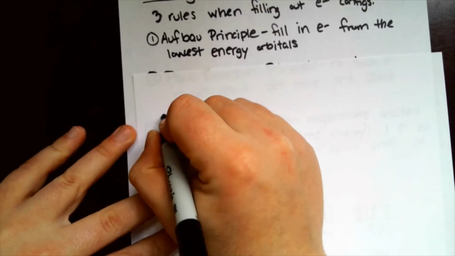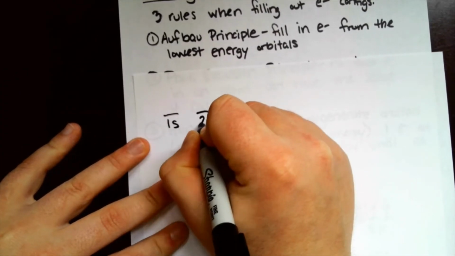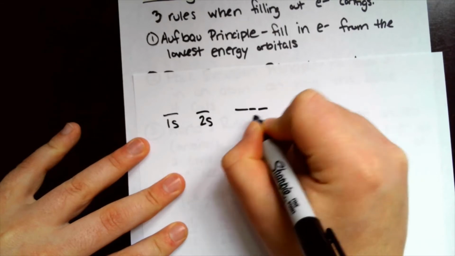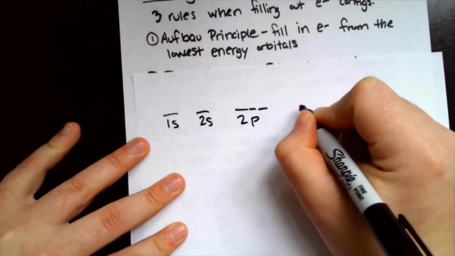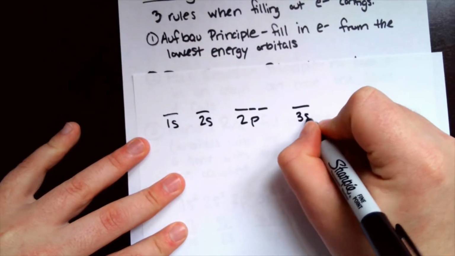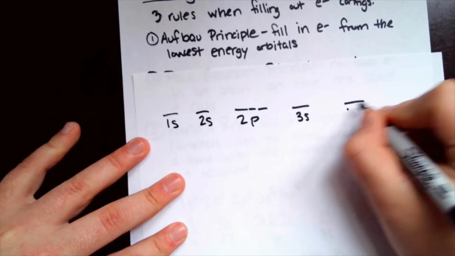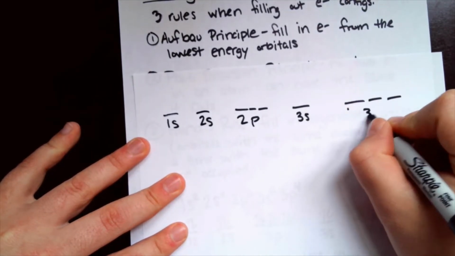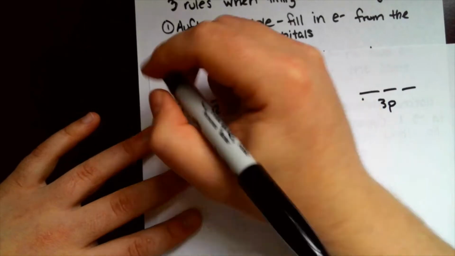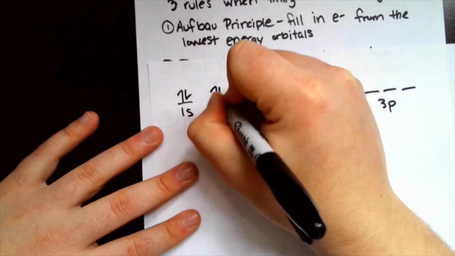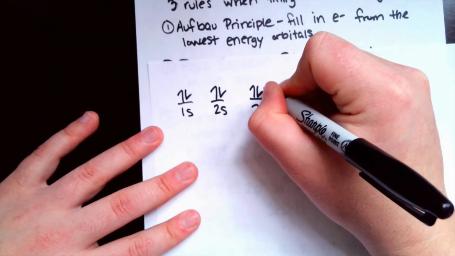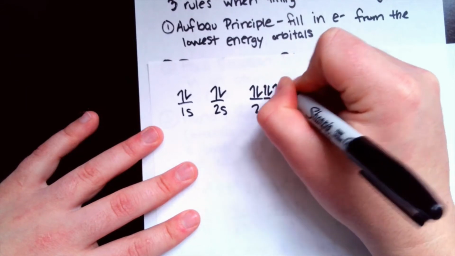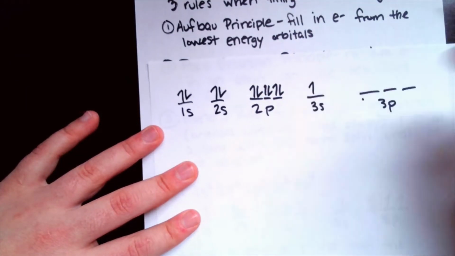So let's say we have the 1s, 2s, 2p, 3s, and 3p. Let's say we are going like this. Go here, and then here.